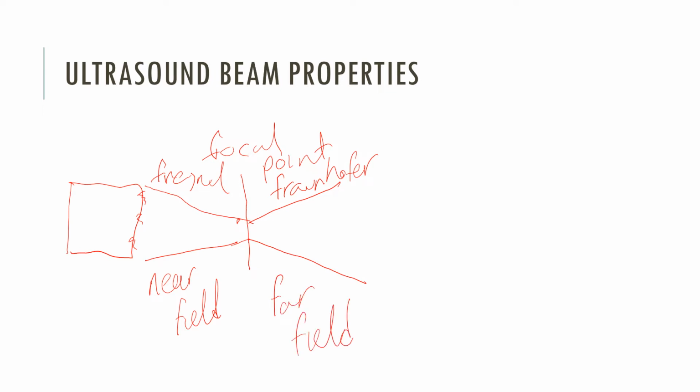In this zone, the intensity of the ultrasound beam reduces with distance, as we would expect. There's a lot happening with constructive and destructive interference, so we get a lot of maximums and minimums in terms of the beam intensity within this region. Okay, so we'll talk about each zone in more detail in the next slides.